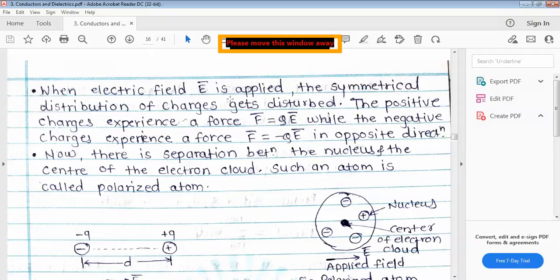So the positive charge experiences a force of F bar is equal to plus Q into E bar. Remember this. While the negative charges experience a force of F bar is equal to minus Q into E bar, in the opposite direction.